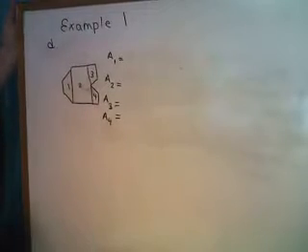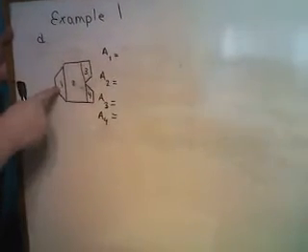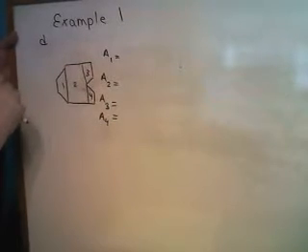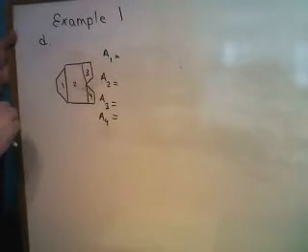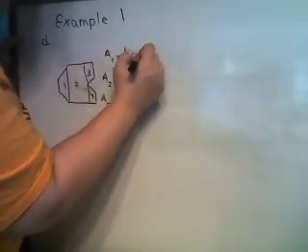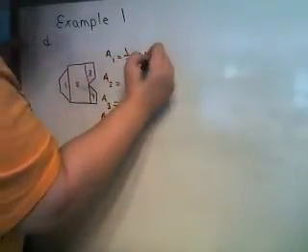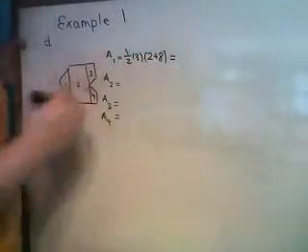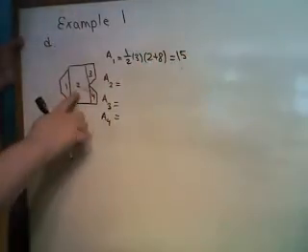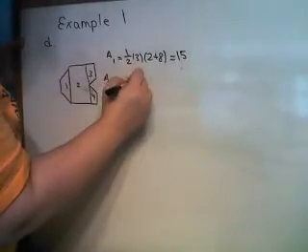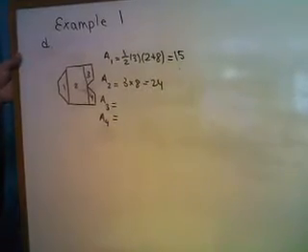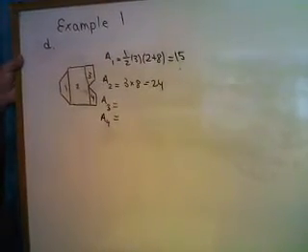All right, part D. I broke it up into a trapezoid, a rectangle, and then 2 more trapezoids. So section 1 is a trapezoid. Its height is 3. Its bases are 2 plus 8. So if you add, then multiply, you get 15. This rectangle is 3 by 8, which is 24. Regions 3 and 4 are actually exactly the same.